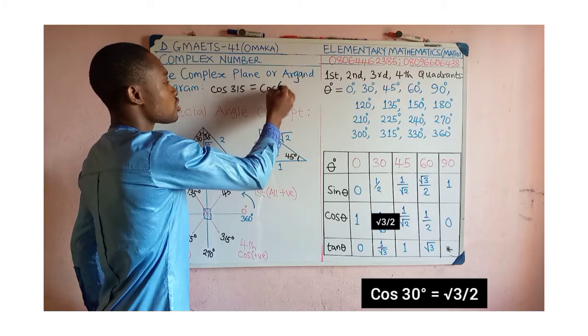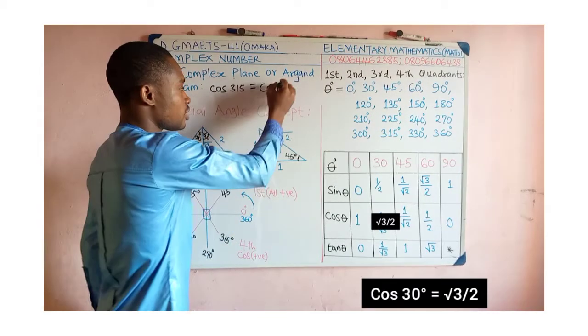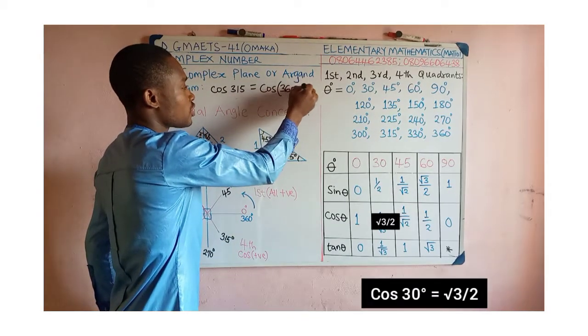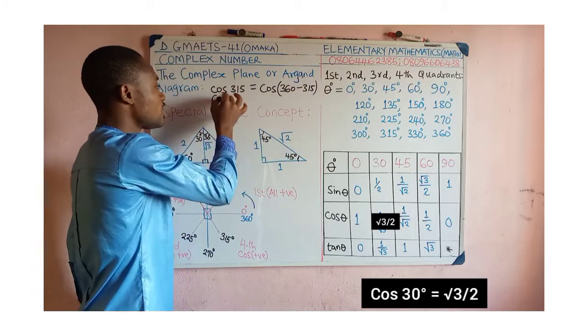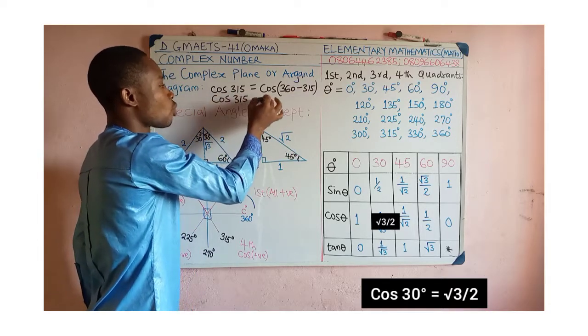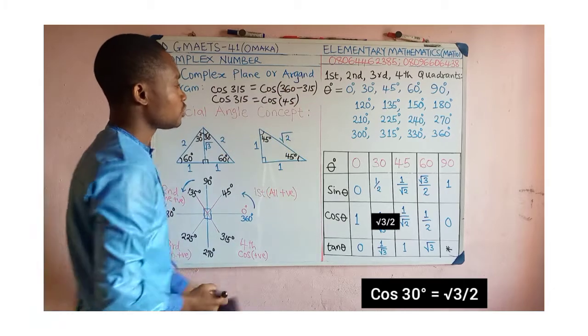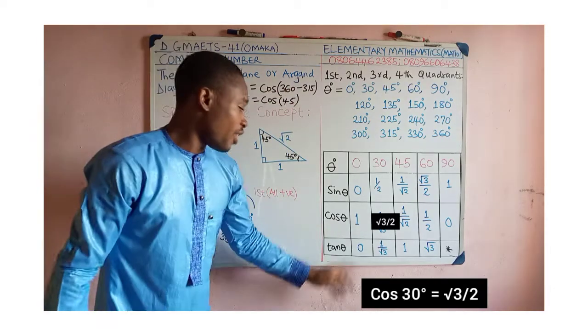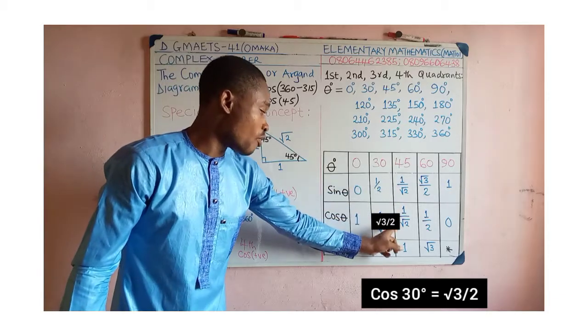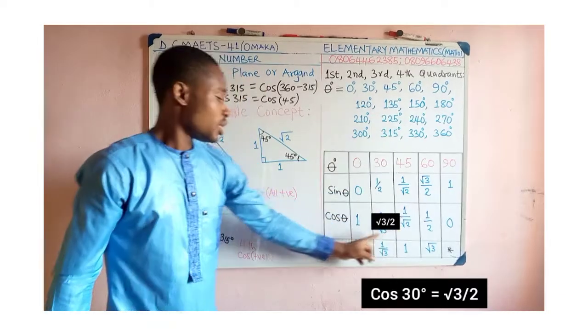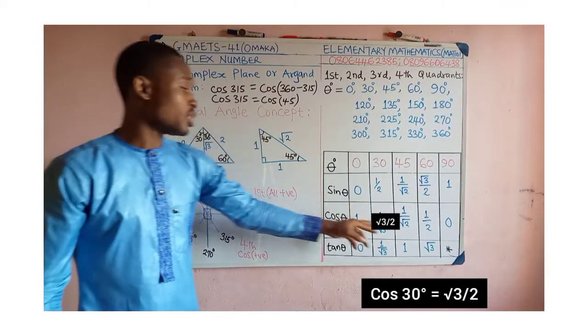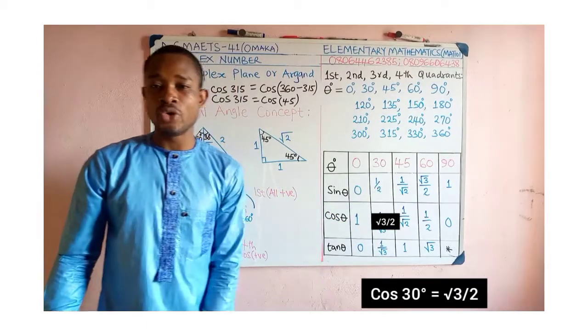So this is cos, you subject it to the power of 360. 360 minus 315. And so you see that cos 315 is equal to cos 45. Cos 45 is 1 over root 2. It simply means that cos 315 is also 1 over root 2.